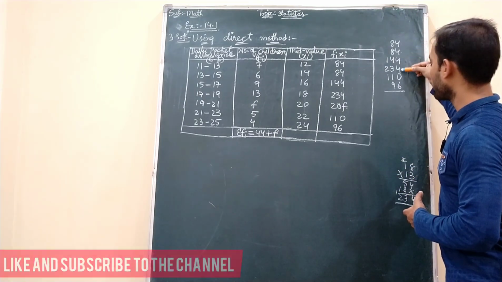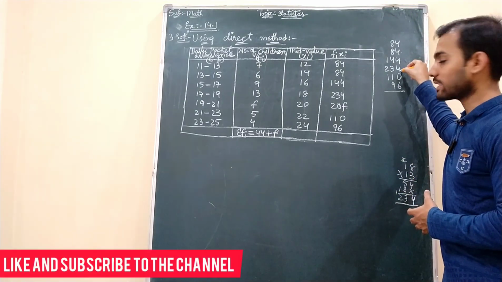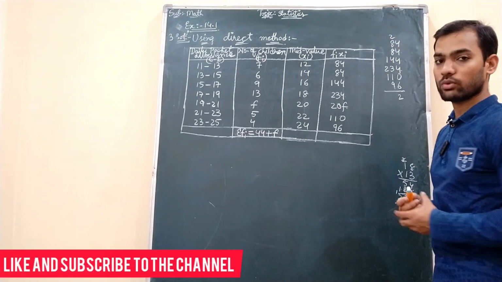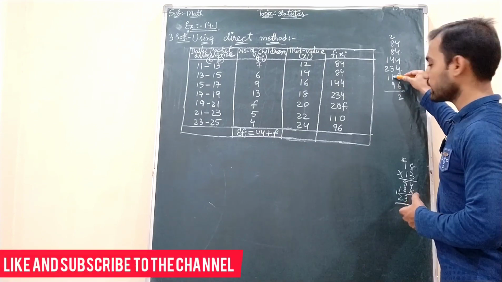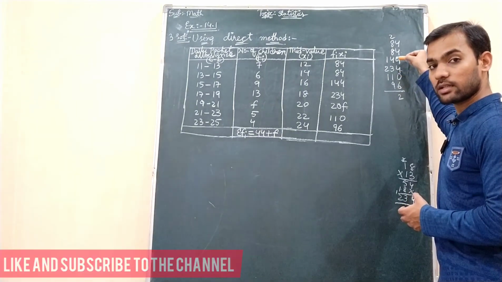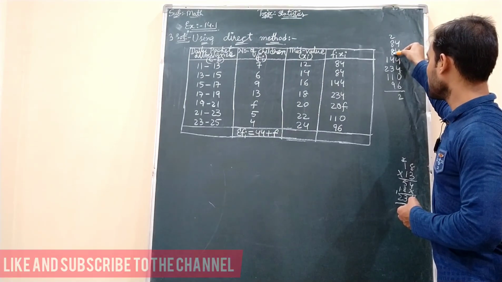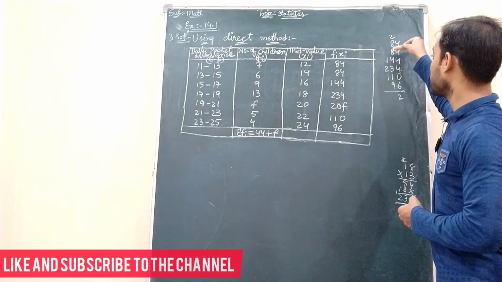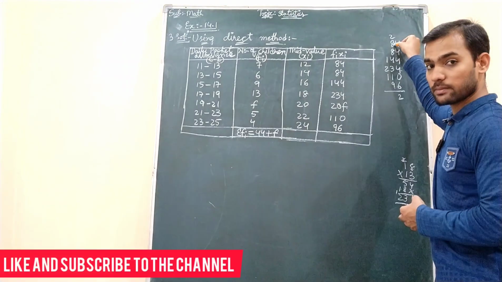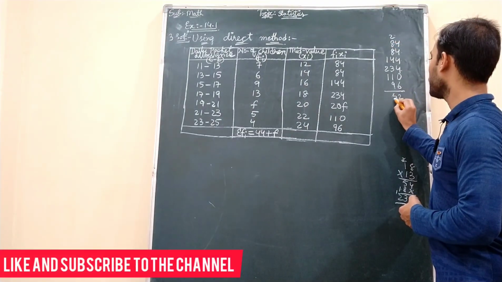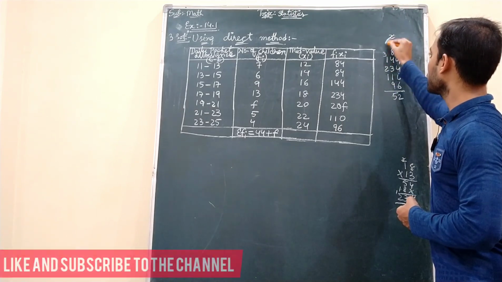4, 4, 4, 4 will be 4 times 4, which is 16, and then plus 6 is 22. 2 goes as carry. Then 9 plus 1 is 10, plus 3 is 13, and plus 4 is 17. Then plus 8 will be 25, plus 8 will be 33, plus 2 will be 35. 5 and 3 goes as carry over here.